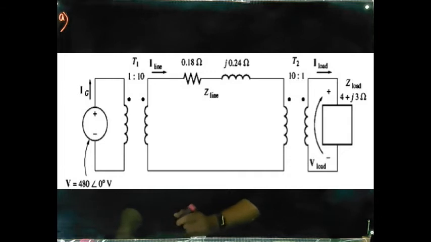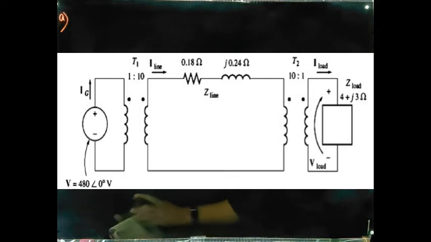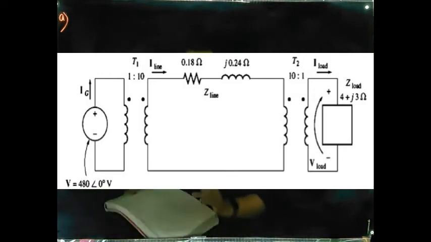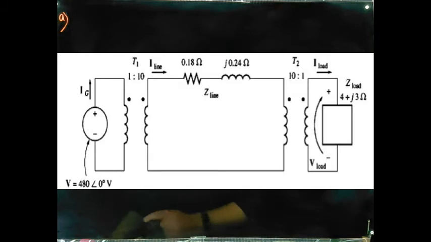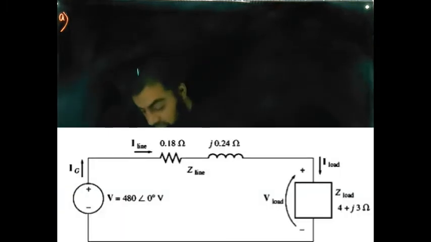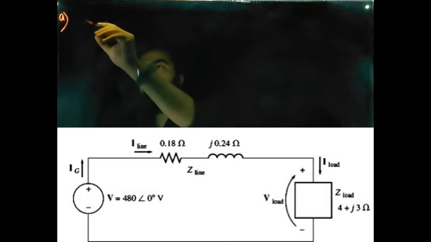How to solve this? The first one is quite simple. We need to find out the load voltage across your impedance. So we can simply first of all find out the current in the circuit.